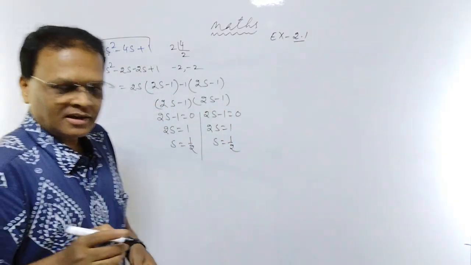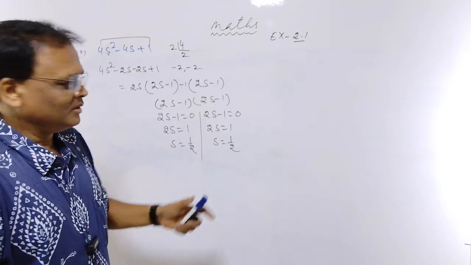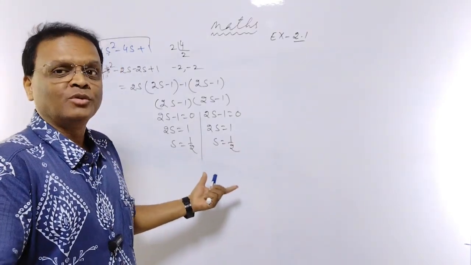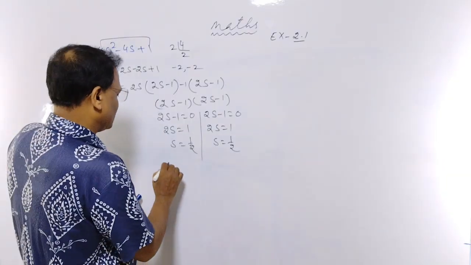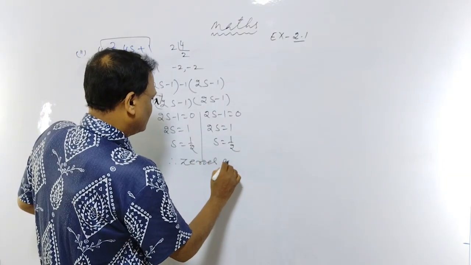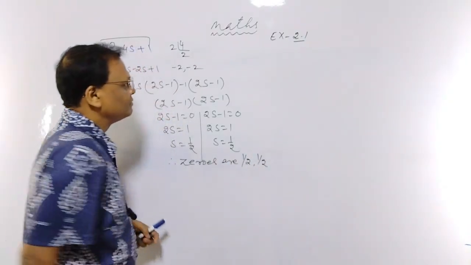My two zeros are equal. And what are the two zeros? 1 by 2 and 1 by 2. So this is my first zero, this is my second zero, and these two zeros are equal. Therefore, the zeros are 1 by 2 and 1 by 2.